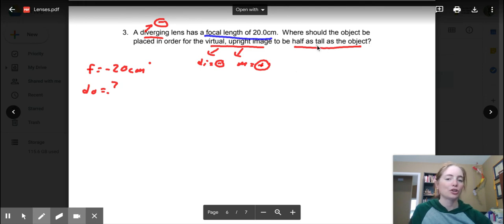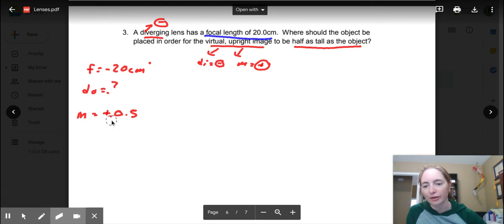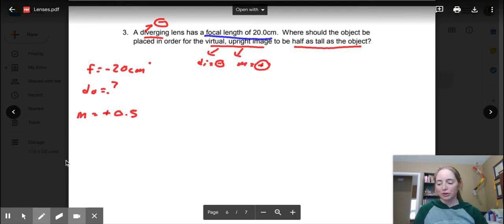So half as tall as the object means my magnification is going to be positive 0.5. I've got an extra dot there. We're going to try and get rid of that. There we go. Okay, so our magnification is going to be 0.5.